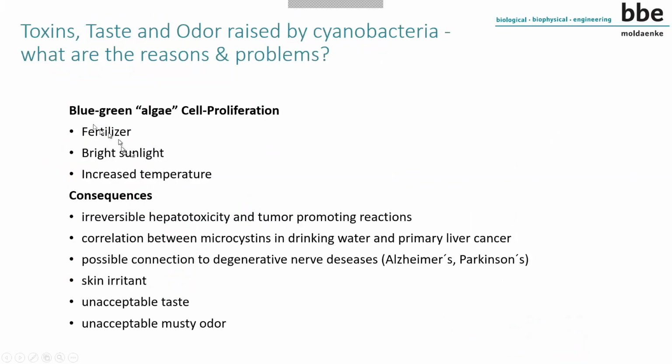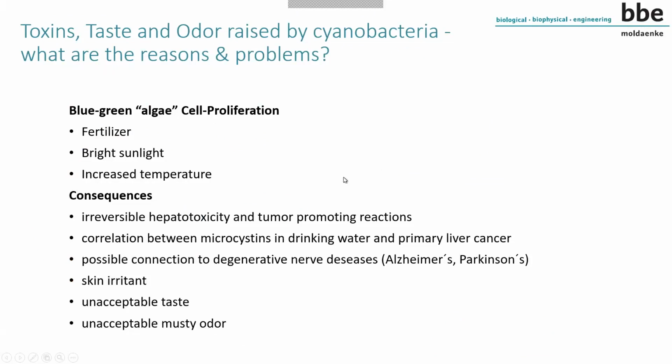And in the next slide, you may ask what might be the reason for these upcoming threats by cyanobacteria, or we also call it the blue-green algae. Cyanobacteria is the same name for the blue-greens, and here we have the reason quite clear. The high amounts of fertilizers that are used today use nitrogen and phosphate.